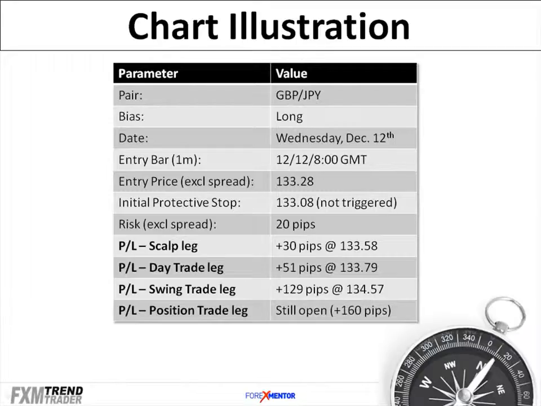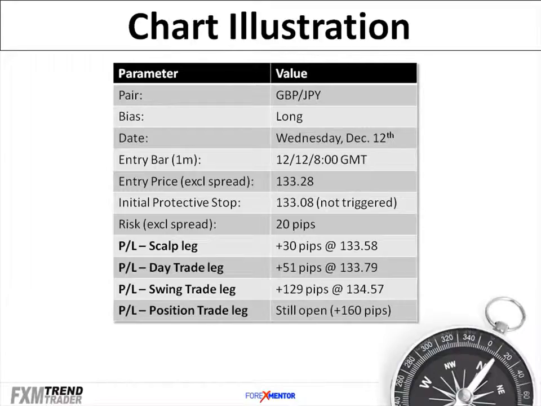As for whether you trade full lots on each leg or have to divide a total prudent position size into 4 equal sized parts, that will determine whether you add up all these pips. We've got 30 plus 51, that's 81, plus 129, that's 210, plus floating profit of 160, so 370 pips.